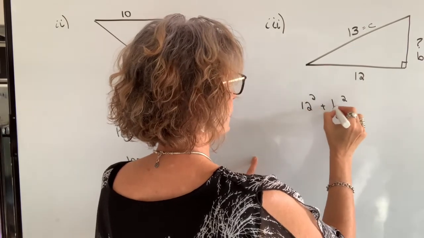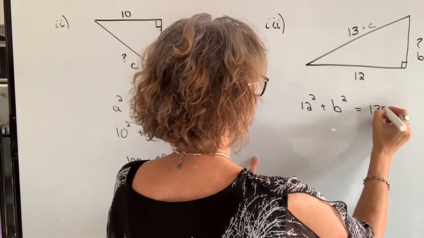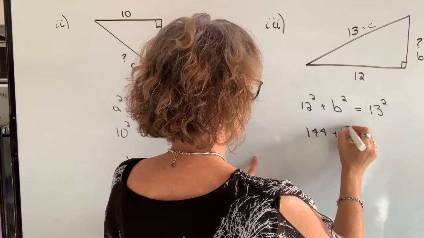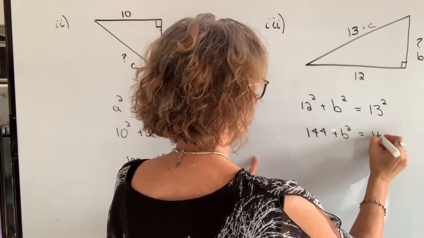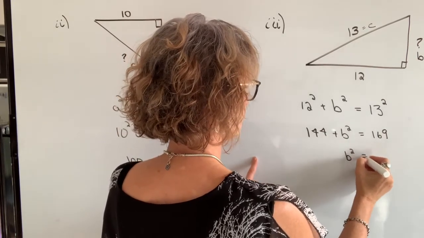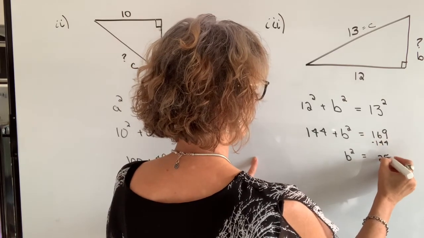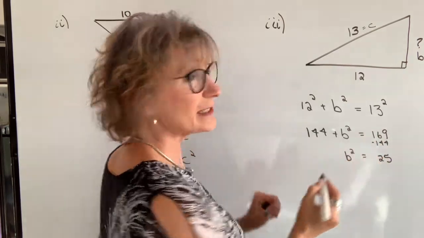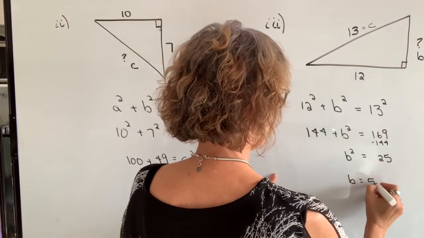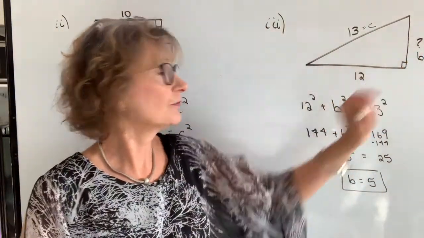So 12 squared plus B squared will equal C squared, which is 13 squared. So 144 plus B squared will equal 169. Subtract 144 from both sides. Subtract 144, and we get 25. Again, we take the square root of both sides, positive square root only, so square root of 25 is 5. So this side must equal 5 for that particular triangle.